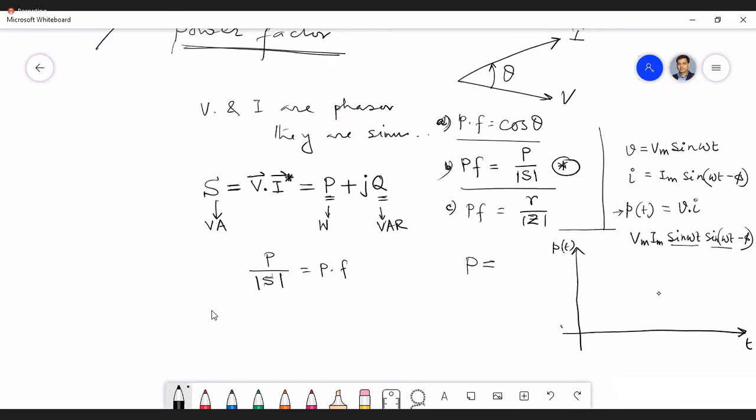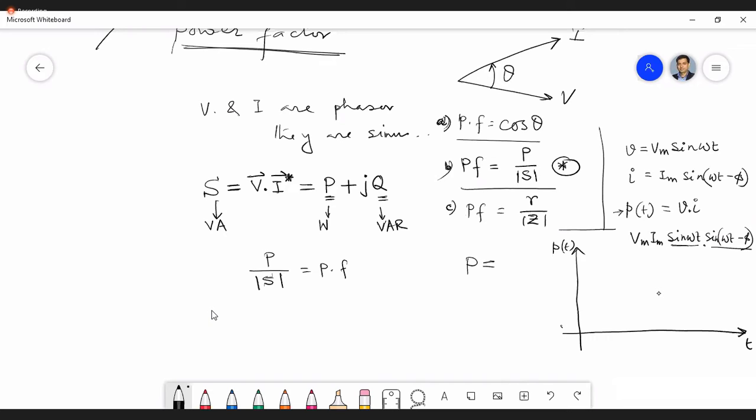Because it's a formula you have to use here, for sin C, sin D, or sin A, sin B. Just recollect your trigonometric identities.